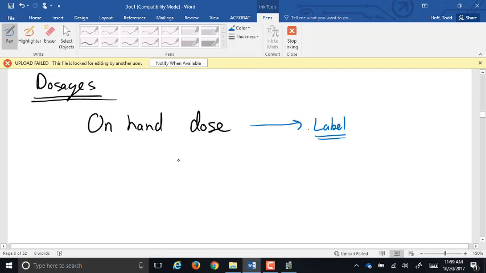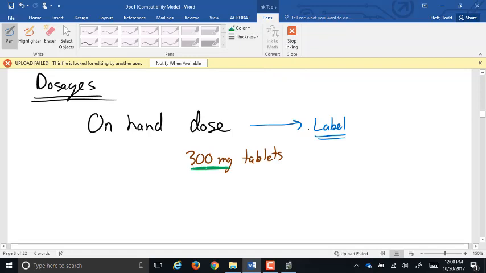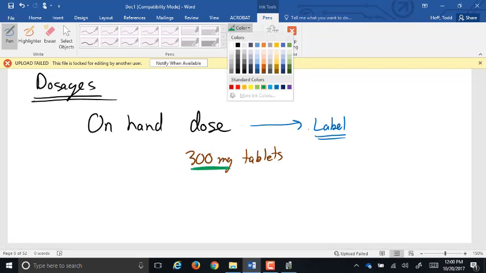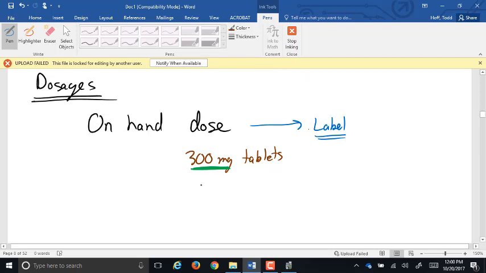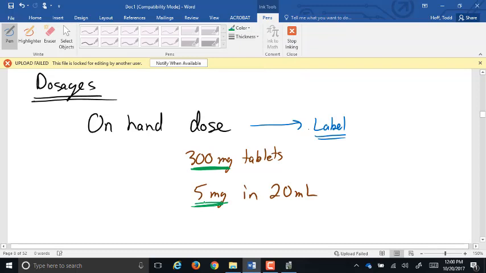Examples of on-hand dose. If it's labeled 300 milligram tablets, 300 milligrams is the on-hand dose. If it's labeled, often might be labeled 5 milligrams in 20 milliliters. The 5 milligrams is the on-hand dose.